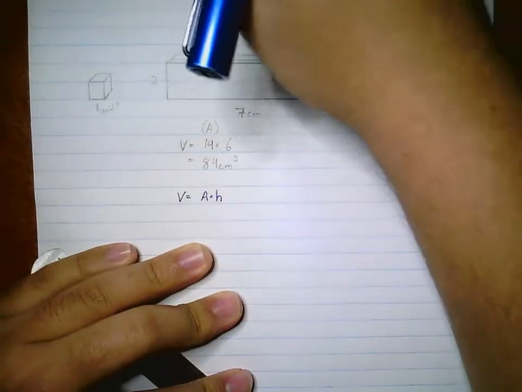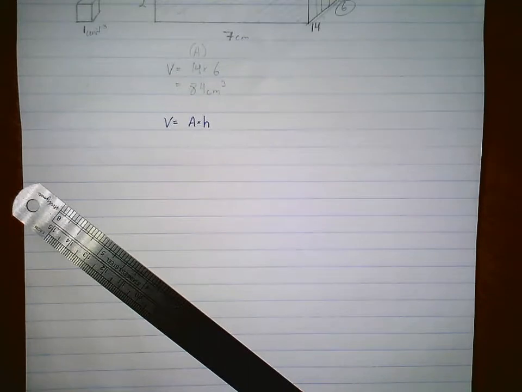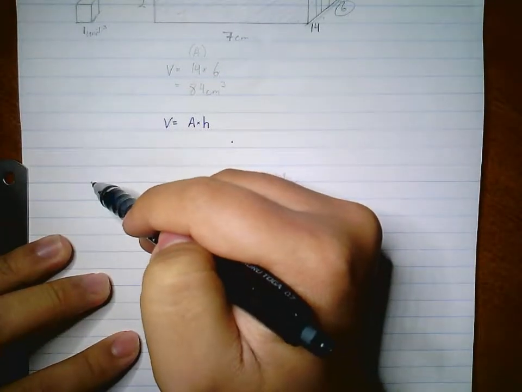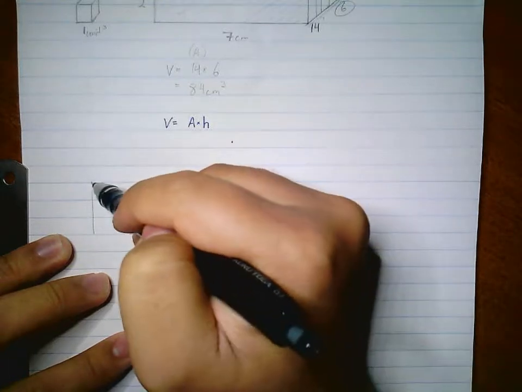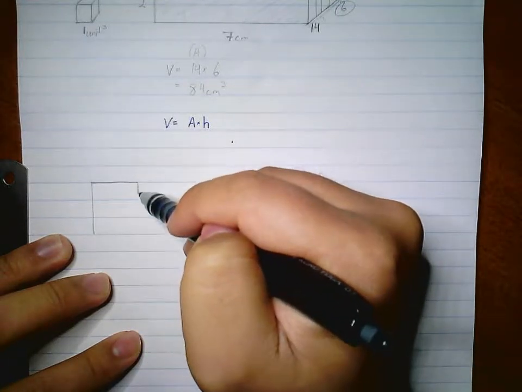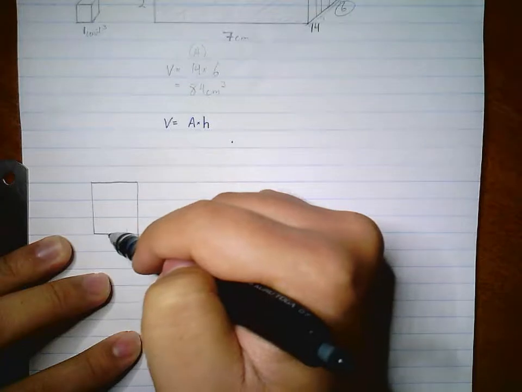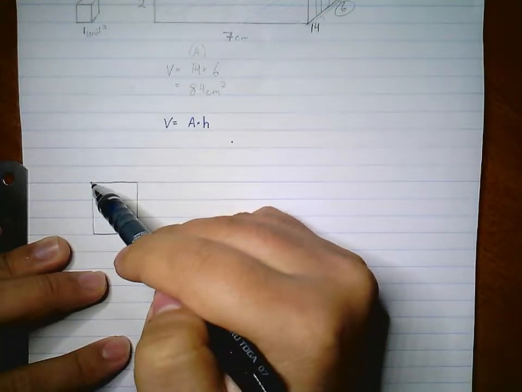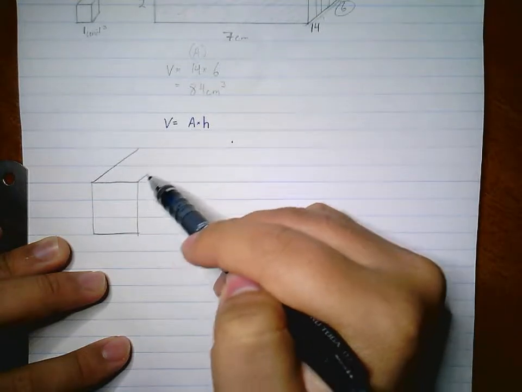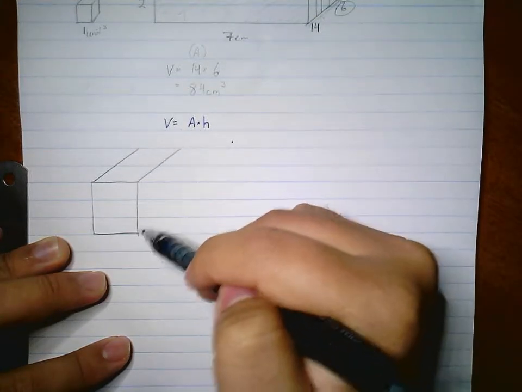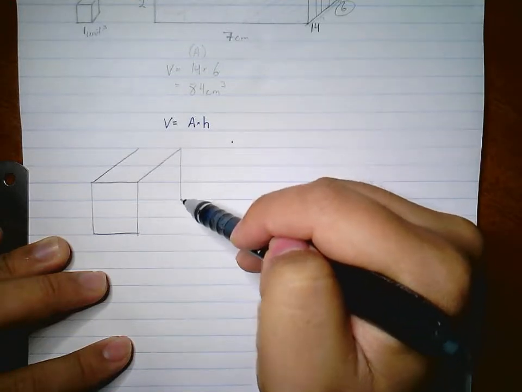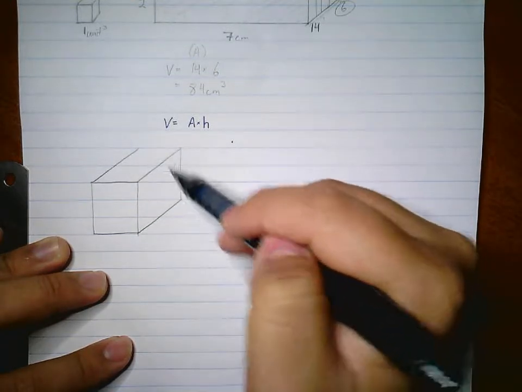So if we were to just draw up a quick sketch of a prism, so let's draw one up here. So here is a rectangle, and let's just make it into a prism. Goes 3 down, so we go 3 down, and we'll join these up.